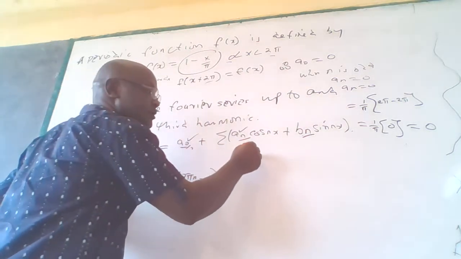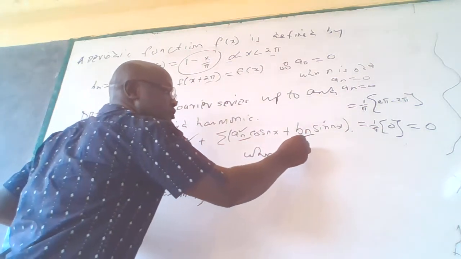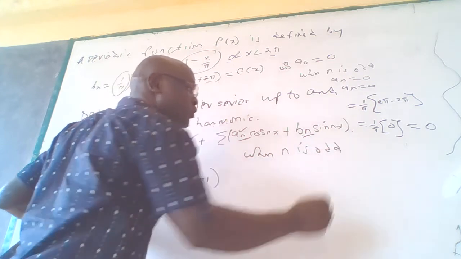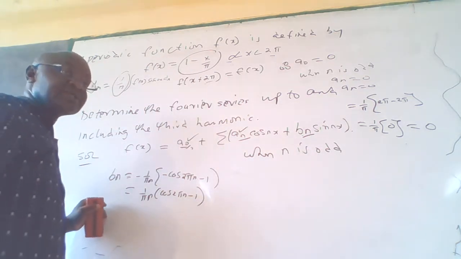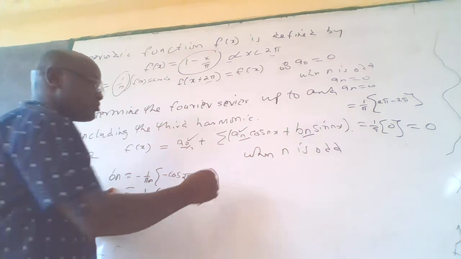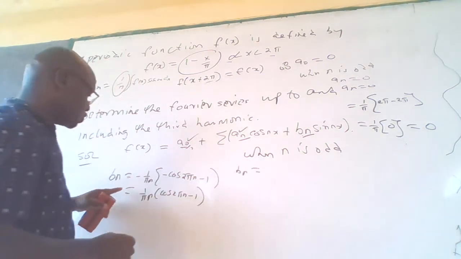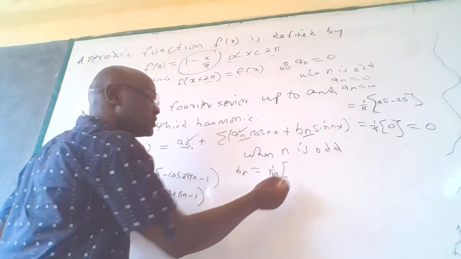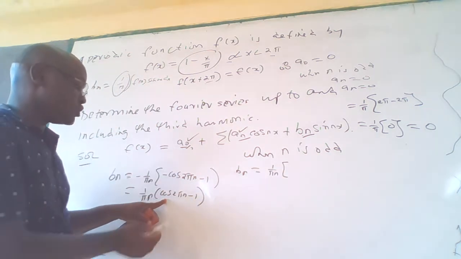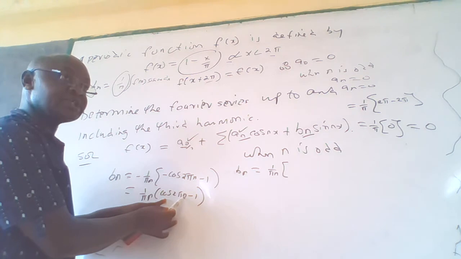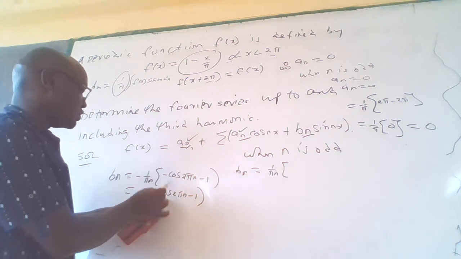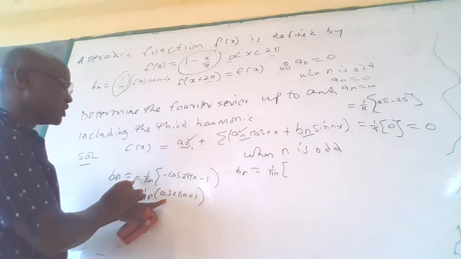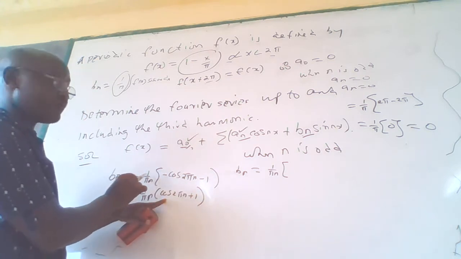Now when n is odd, remember I said we test with 1, so our Pn will be equal to 1 over pi n into, remember n is 1, and when you multiply inside by this negative, we get plus.